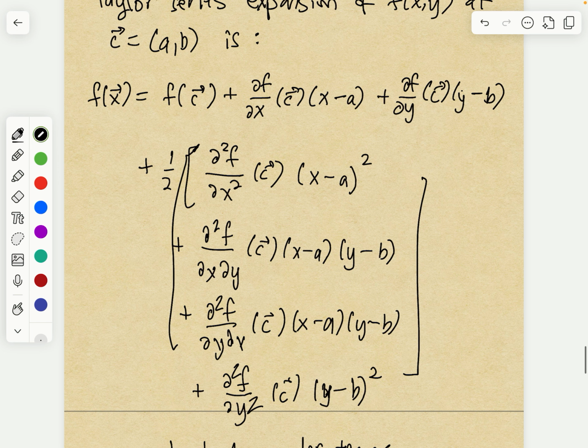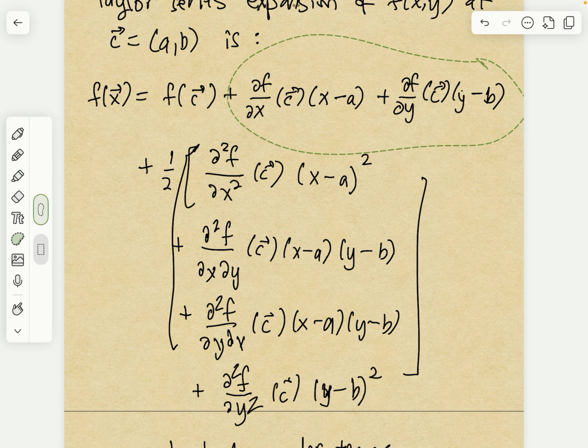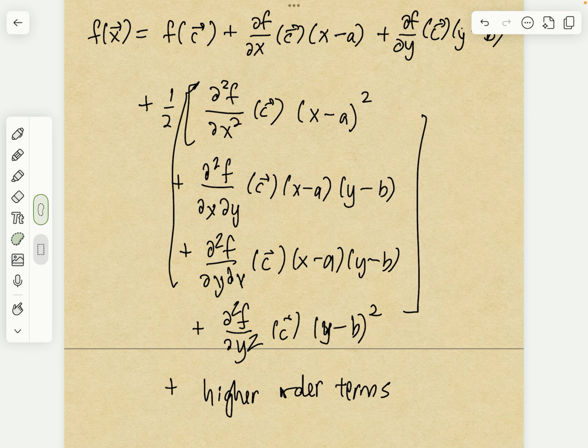So basically, it's like the Taylor series expansion of a function of a single variable. You have the f of c, and then instead of the f prime of c, you have two partial derivatives. And then for the second order terms, you don't just have the second derivative, you have 4 second order partial derivatives.